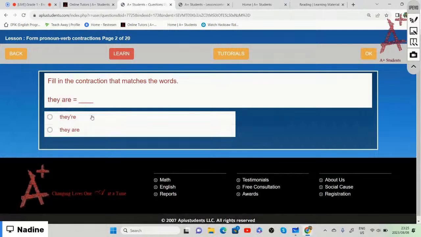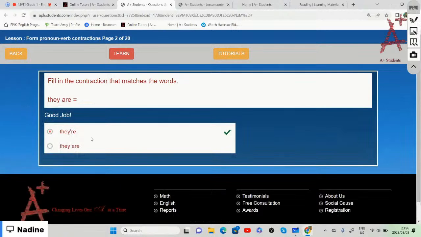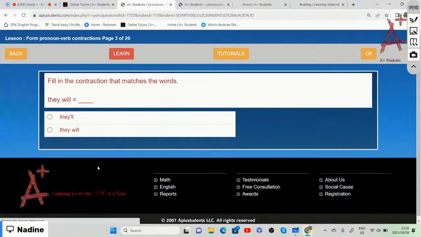Let's say the short form of the words they are. If we find the contraction, or the short form, of the words they are, then we can say it's they're, right? They're going to Disneyland. It's like saying they are going to Disneyland. And remember, we shorten those words.